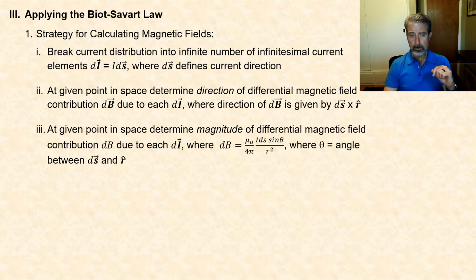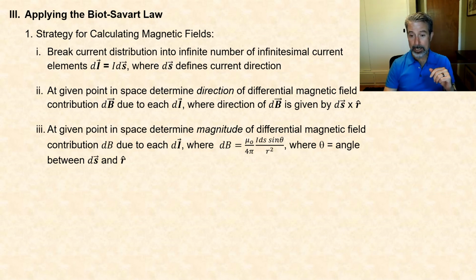So once the direction of the field is known by using the right-hand rule to figure out the direction of ds cross r hat, then we can focus on the magnitude of this differential contribution dB for each of the current elements, each of the dI's that we have.